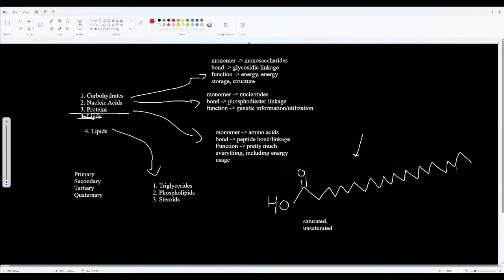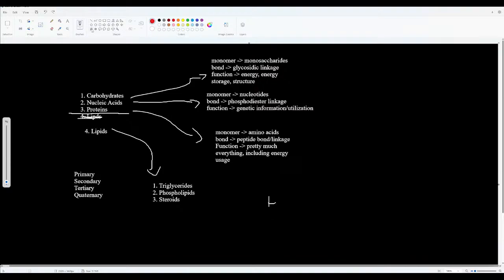So, do you remember how I said that phosphorus will come in handy later? Well, now we're talking about phospholipids, right? So the cool thing about phospholipids is that, like I said, we take that glycerol backbone, and instead of 3 fatty acids, now we just have 2, right?